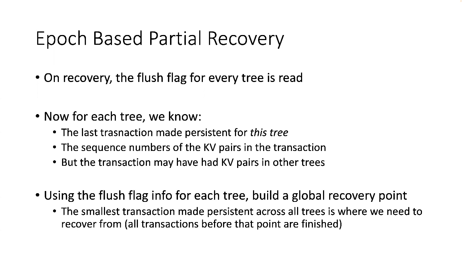So for each tree, we have the last transaction for this tree that was made persistent, the sequence numbers of that transaction. But as we described, the transaction might have writes in other trees. So while we have a local recovery point for each tree by reading this flush flag, what we do is we make a global point, which is the earliest transaction we need to recover using these flags.